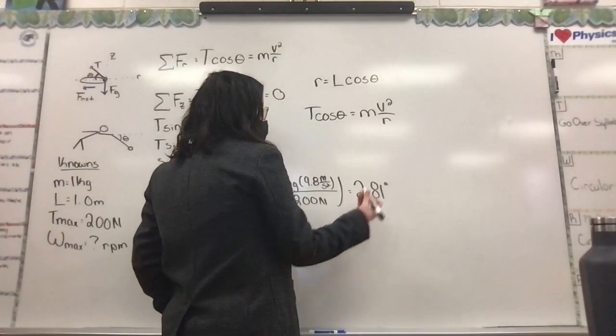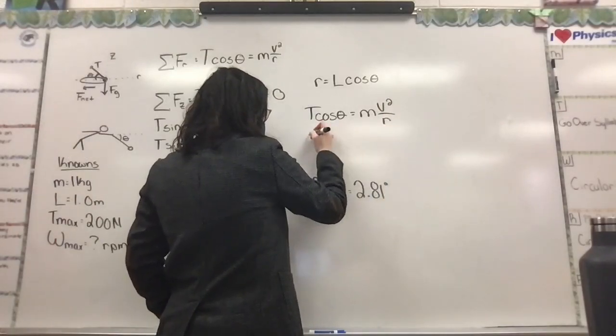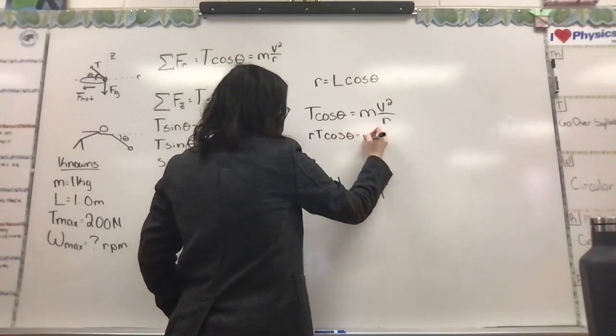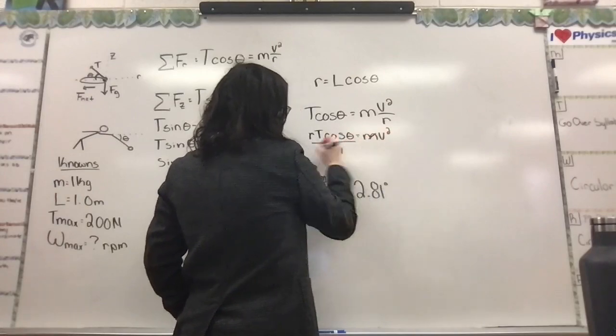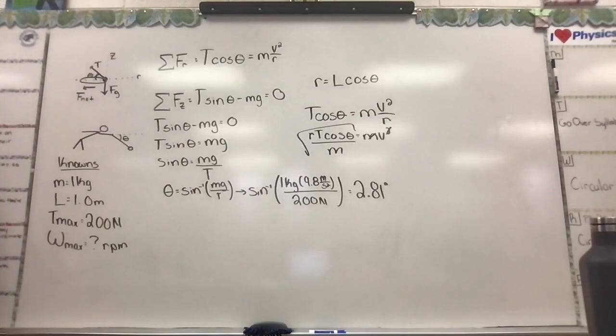What's the first thing we do, you guys? All right, so it's going to be T cosine theta times r divided by m, and then the square root of that.